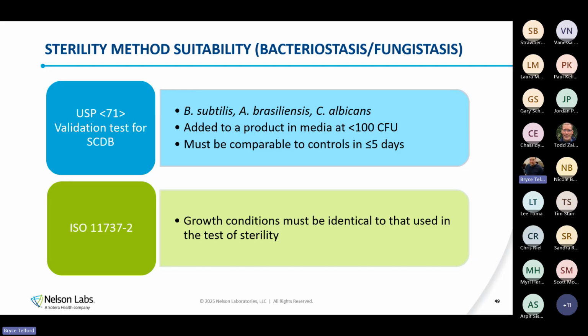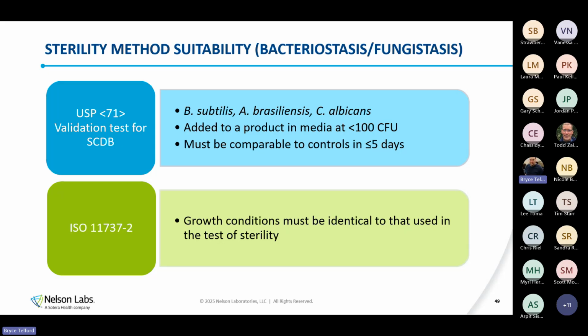So for that bacteriostasis fungistasis test, that method suitability, generally we are going to use the 3 challenge organisms if it is an aerobic only test. Generally, that's going to be the Bacillus, the Aspergillus, the Candida albicans.